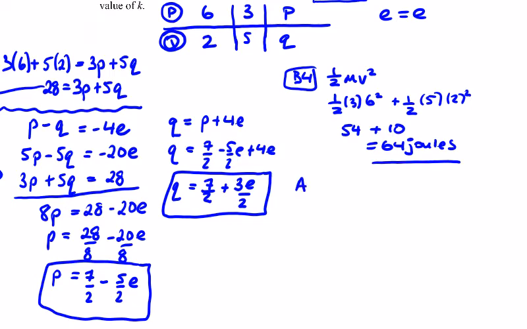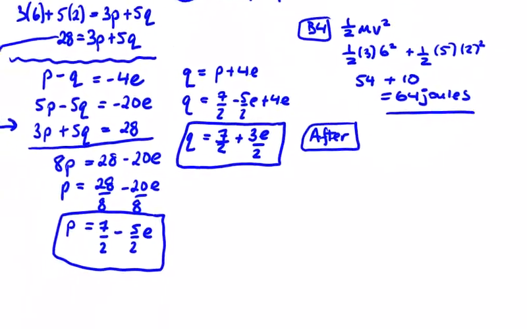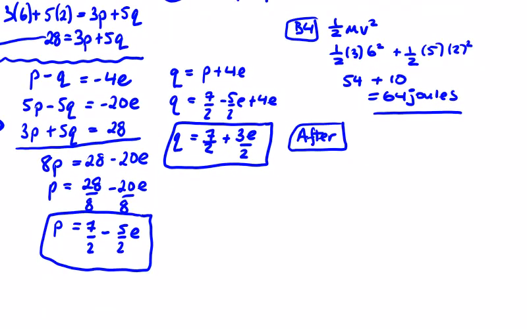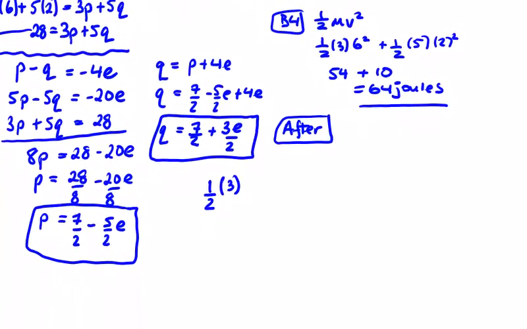And then after, it's going to be in terms of E here. We can see there was an E squared in the K times 1 minus E squared. So the kinetic energy afterward is a half times M3 times V squared, which is the P is attached to the smaller one. Yeah, P is with 3 and Q is with 5.